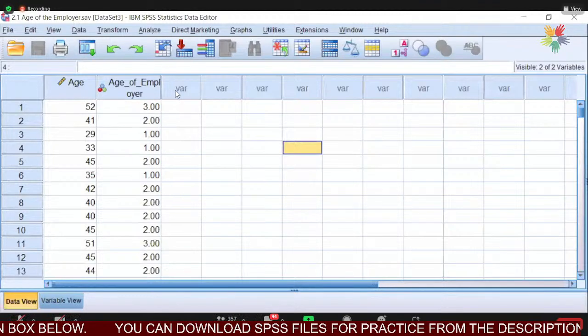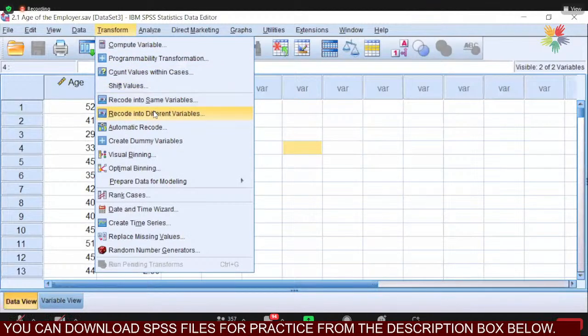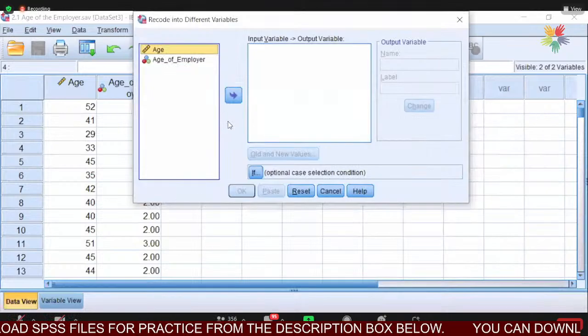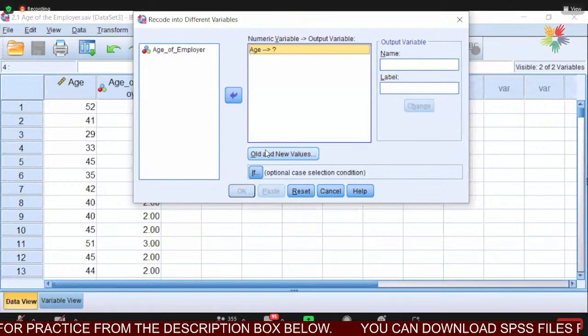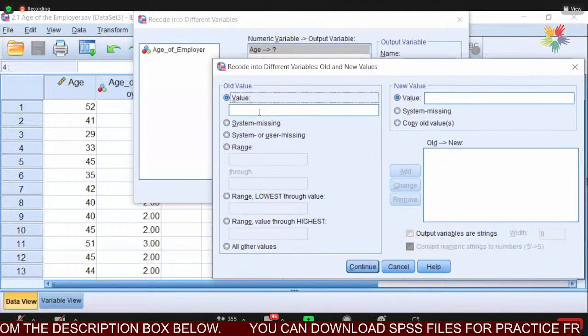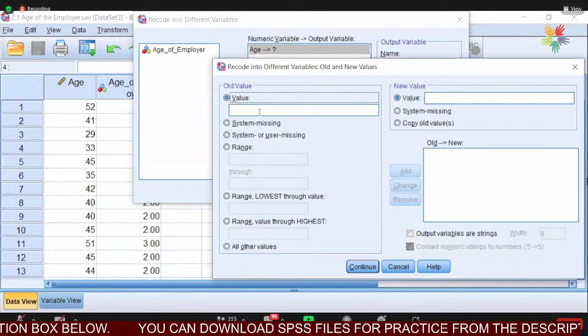Let me save it as a different variable. Transform, Recode into Different Variables, right? Then age, the variable you want to take, old and new.